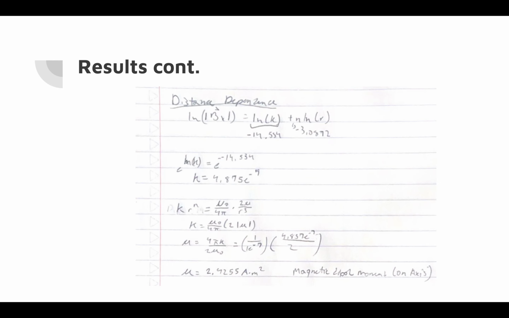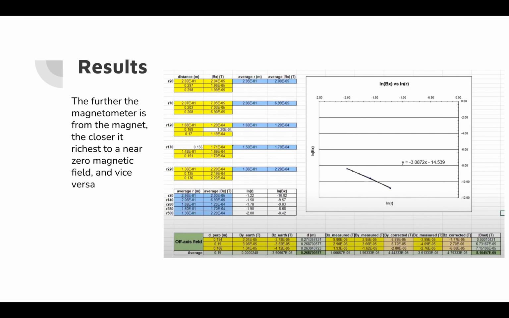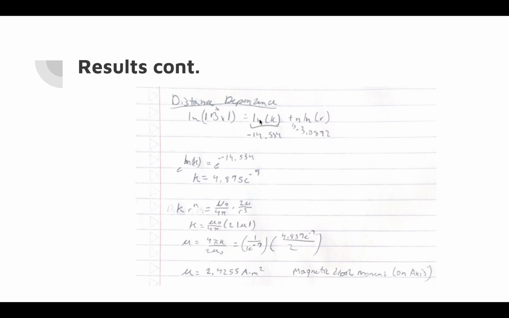And then using the y value here, the slope, and the 14.53 for our natural log of k, we were able to computationally find k, and then with that value determine the magnetic dipole moment on axis from our observed experiment.